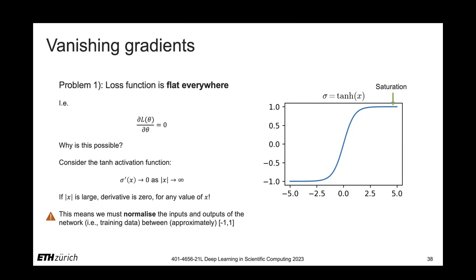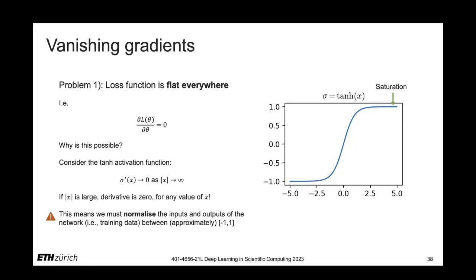So why can this ever be possible? One of the biggest reasons is the choice of the activation function that you use. For example, this is the tanh activation function, which I showed last lecture. Remember, I was saying activation functions are really important because they introduce nonlinearities into the network.